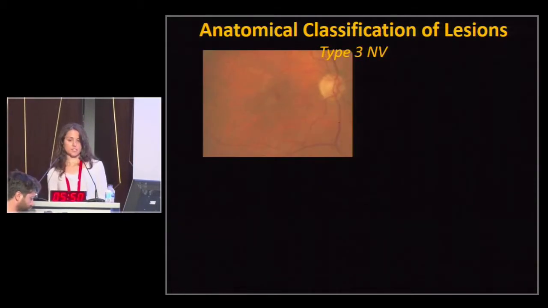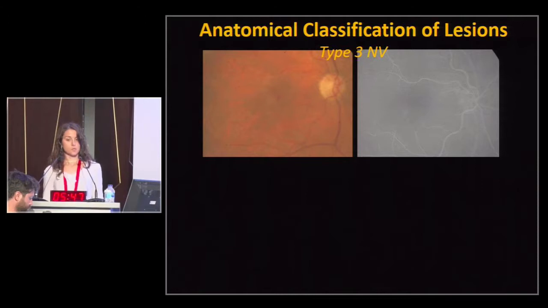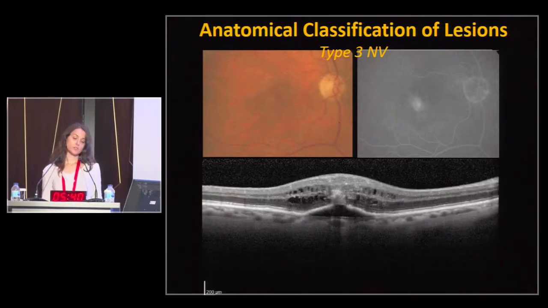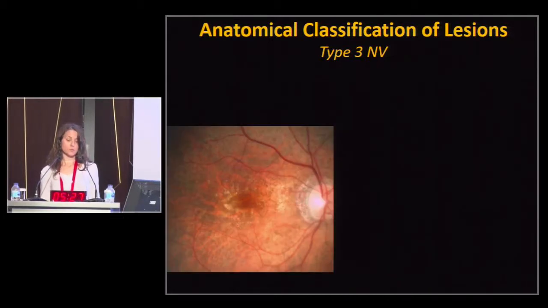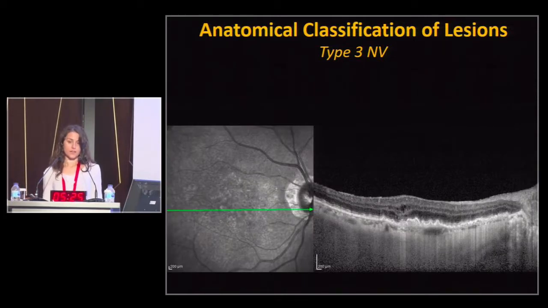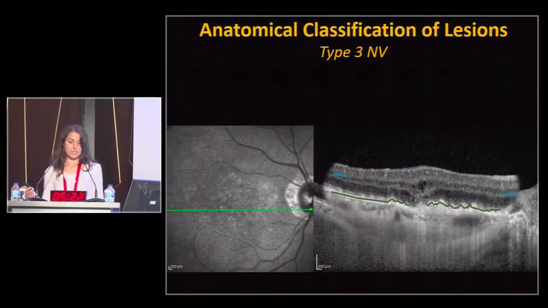For type 3 lesions, it's sometimes really difficult to analyze fluorescein angiography, especially if we don't have Spectralis devices. And it's going to be much easier to analyze OCT images. We are going to see this funnel shape disposition of the outer retina. So what we have to do is scan all the macular area and look for this funnel shape disposition of the outer retina in association with intraretinal fluid and hyperreflective foci.